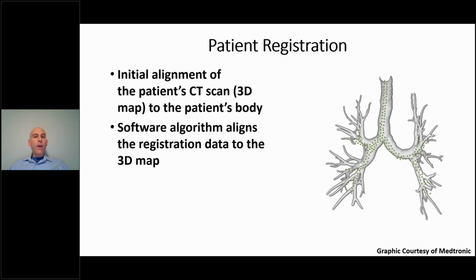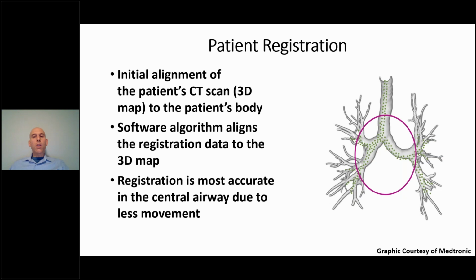And this is done by the different proprietary algorithms that the different companies and technologies have. And we know that it's pretty good inside the central airway. And that's partially because there's not a lot of respiratory variation or motion inside the trachea, the mainstem bronchi, and even into the segmental bronchus, maybe a little bit further out.